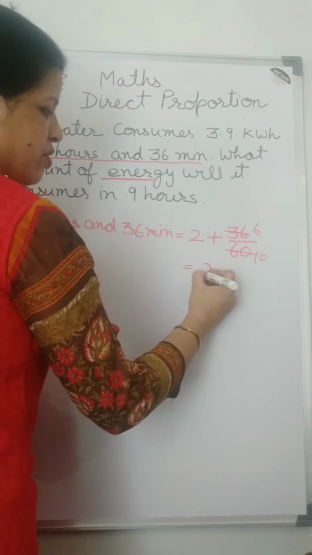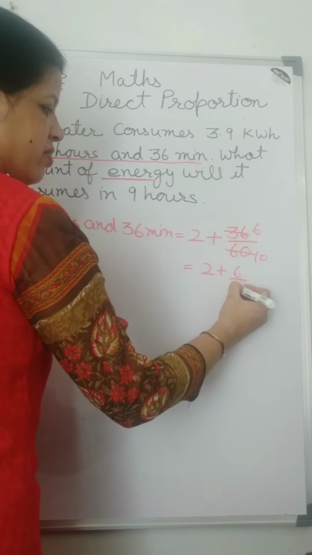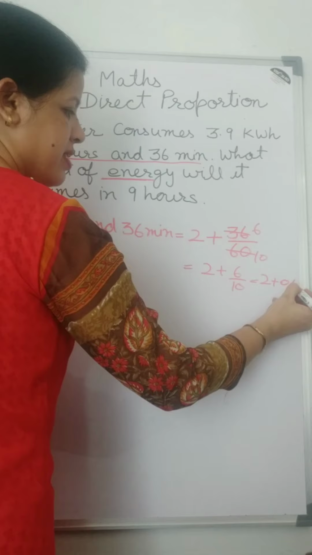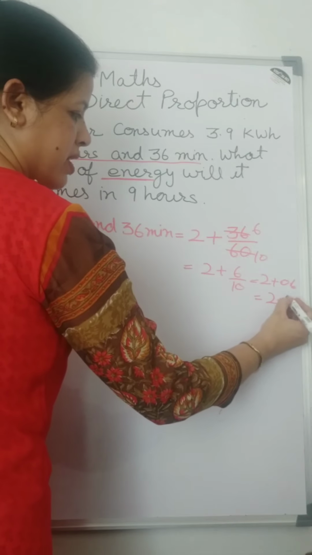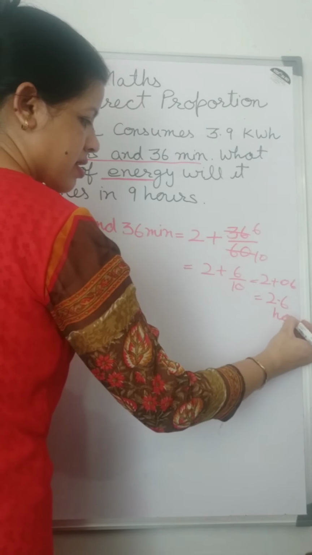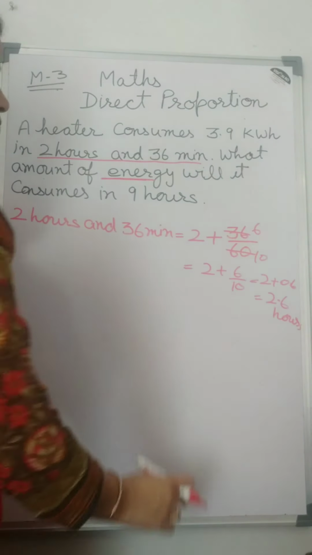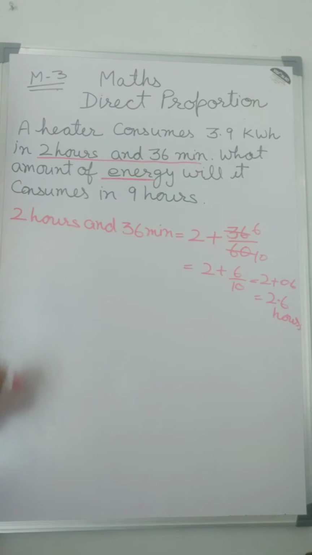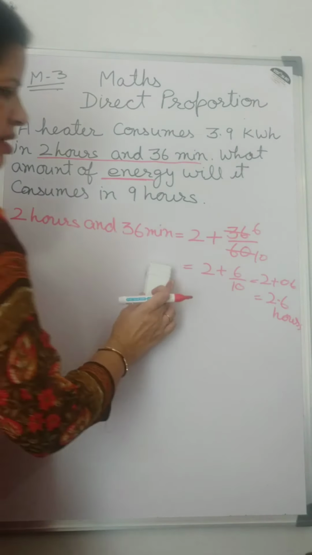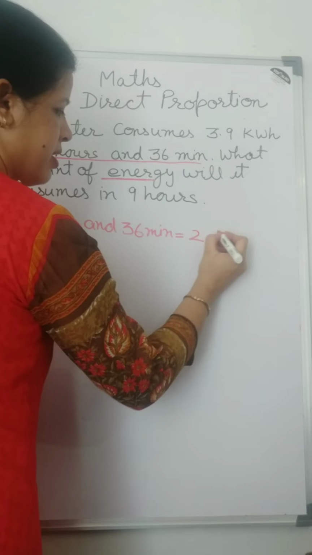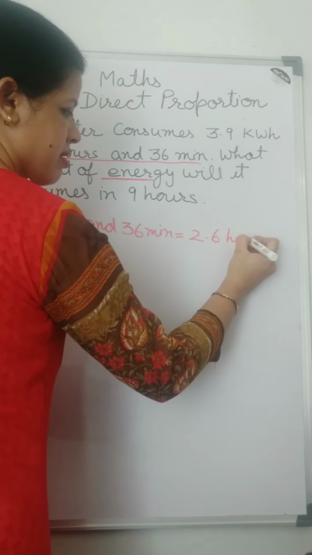So it is equivalent to 2 plus 6 upon 10, that is 2 plus 0.6. This is 2.6 hours. Now I am erasing this one and directly writing here 2.6 hours.